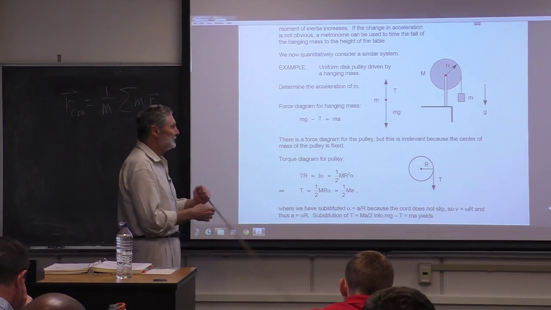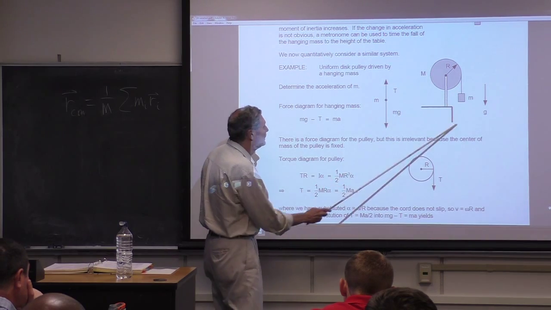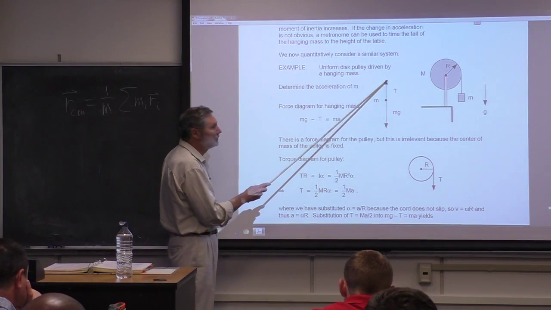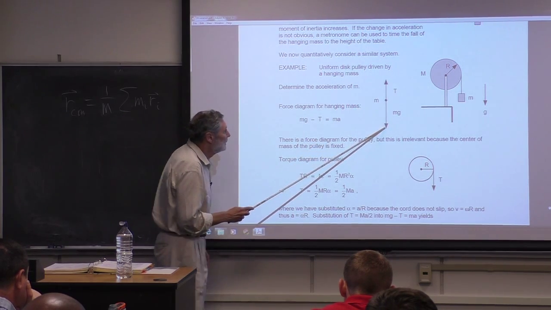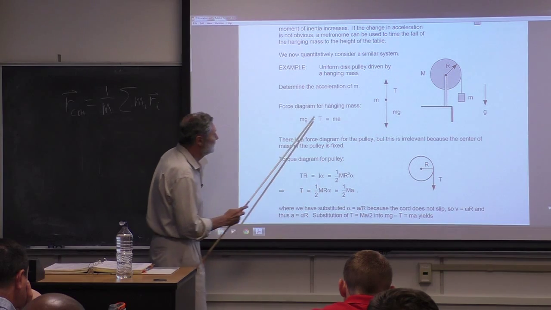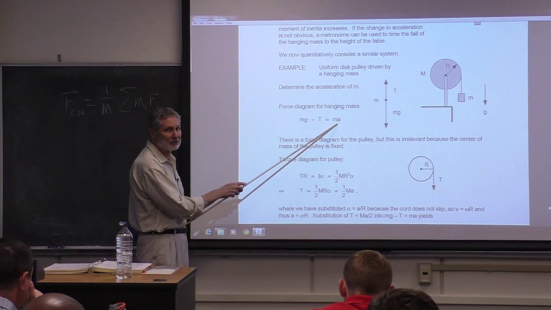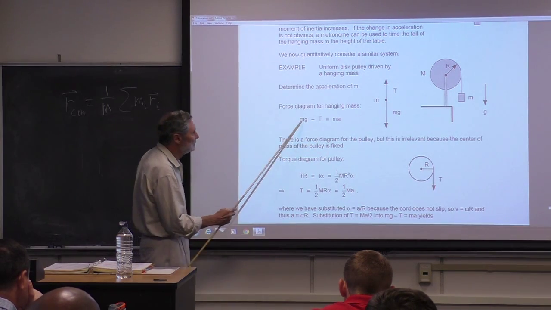So there's the diagram. Now we draw force diagrams. Let's draw a force diagram for this mass. There's a tension force up. There's the weight down, right? And we're going to choose down as positive here. So here's the net force on the mass. It must be the mass times the acceleration. We've done this a zillion times. No question about that, okay?